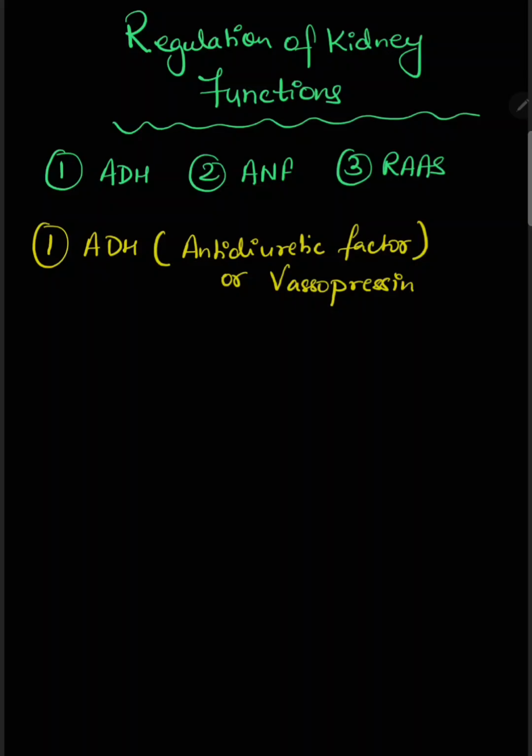It acts on the DCT, the distal convoluted tubule. Diuresis means the removal of water. So it is antidiuretic, meaning it does not allow the removal of water from the body. So it will help in the conservation of water.